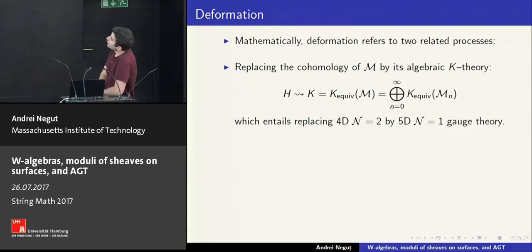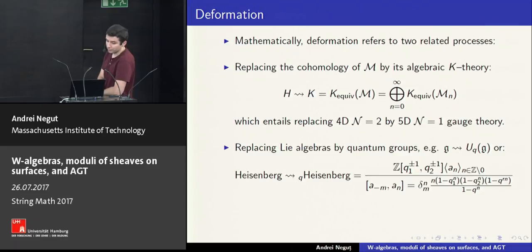So deforming from cohomology to K-theory in physics entails replacing four-dimensional supersymmetric gauge theory with N equals 2 by five-dimensional supersymmetric gauge theory with N equals 1, and the fifth dimension is a circle. So this is a very particular case of the philosophy we've seen yesterday in Kevin's talk, where he talked about three-dimensional, four-dimensional, five-dimensional, and six-dimensional theories. It's a particular instance of that.